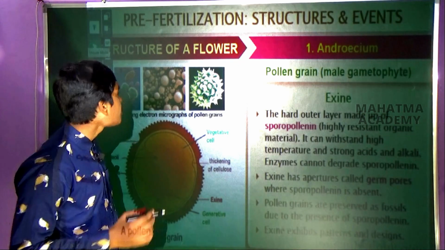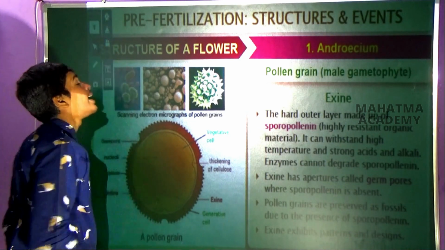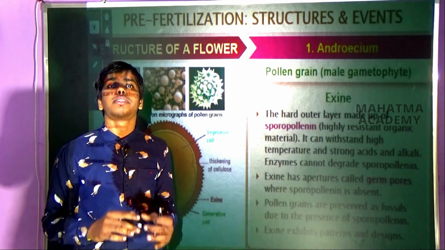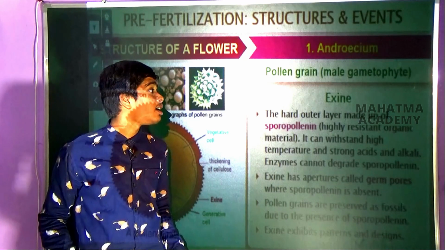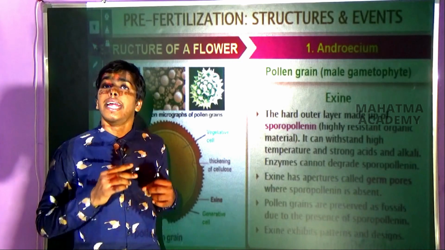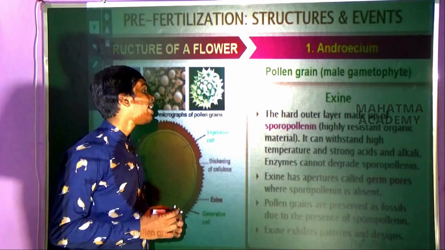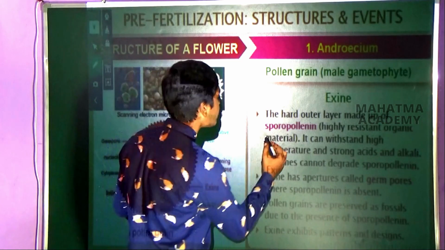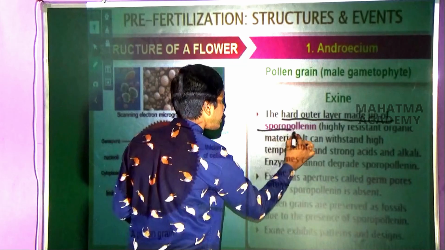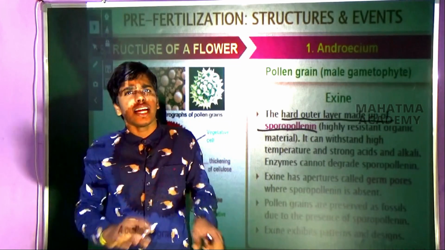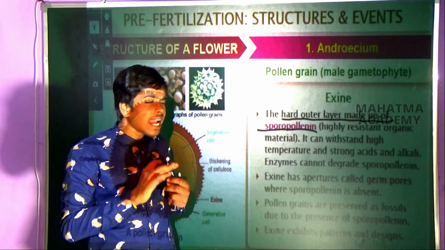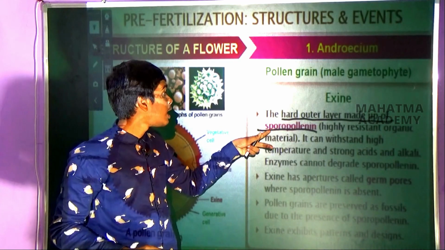Okay, now we will see about the exine. Exine has a special property that makes the pollen grain survive for many years. The special property is that it has sporopollenin as the outer layer. Look here, this hard outer layer is made up of sporopollenin. No enzyme is known that can degrade this layer.